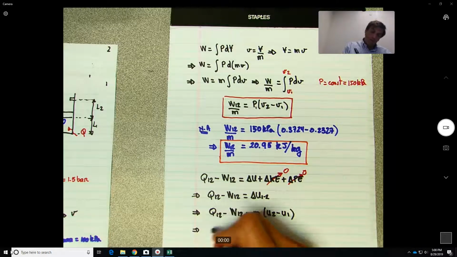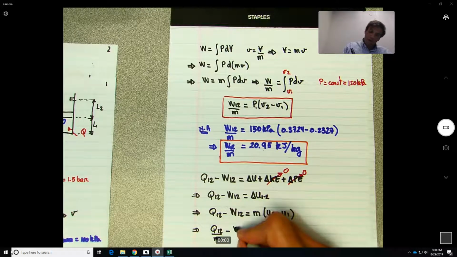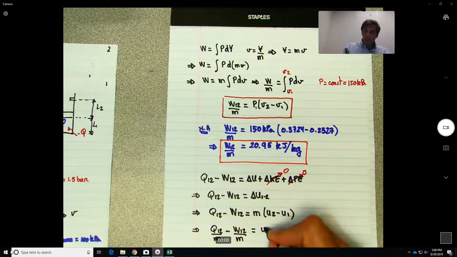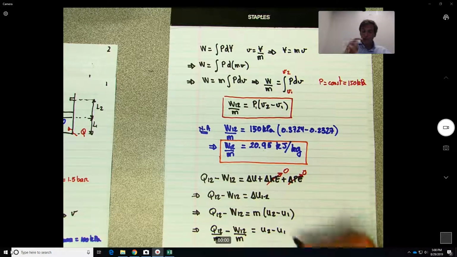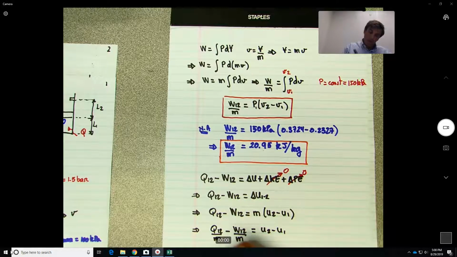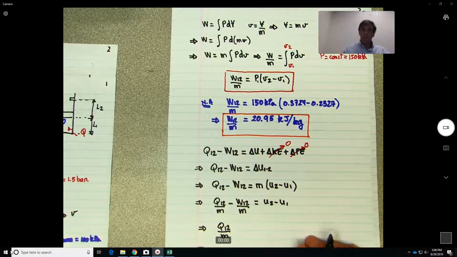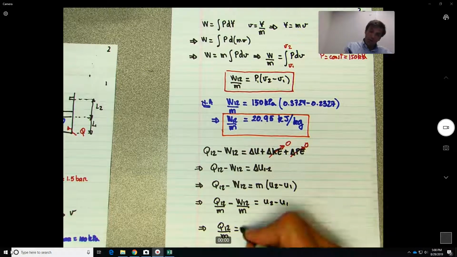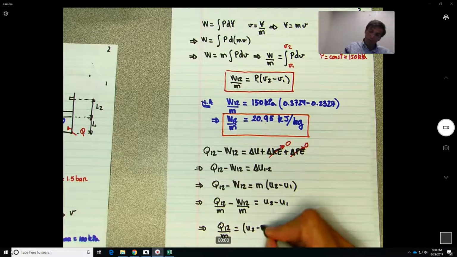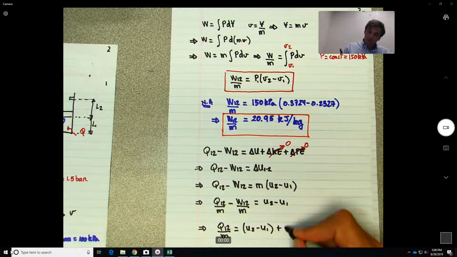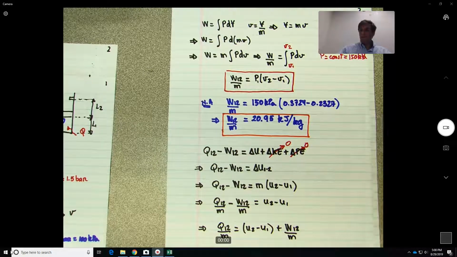Or Q12 over M minus work 12 over M equal to U2 minus U1. What we're trying to find, Q12 over M, will be equal to U2 minus U1 plus work 12 over M.